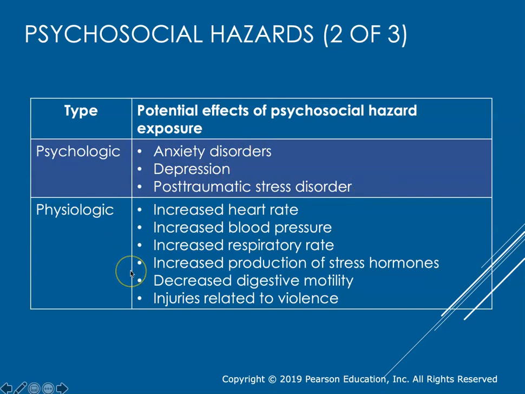If you talk about physiological changes that happen as a result of stress, and this is a good lead into our next chapter, there are changes like increased heart rate, whenever you have this increase in sympathetic activity, and we're going to talk about that, increased blood pressure, increased respiratory rate, increased production of stress hormones that can then have health effects down the line. Decreased digestive motility, and injuries related to violence because of psychological factors that then induce physical injuries.